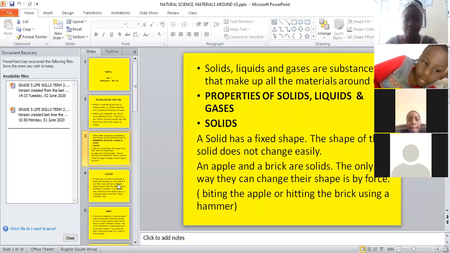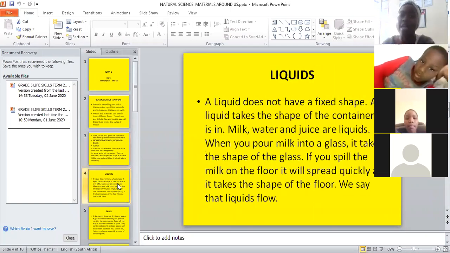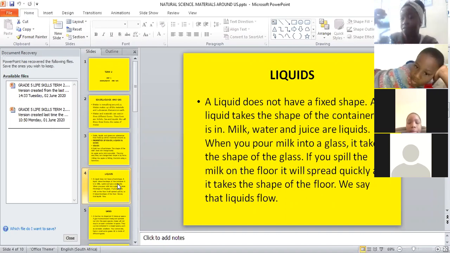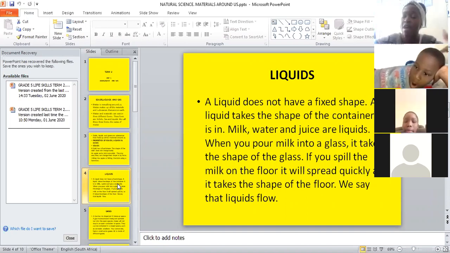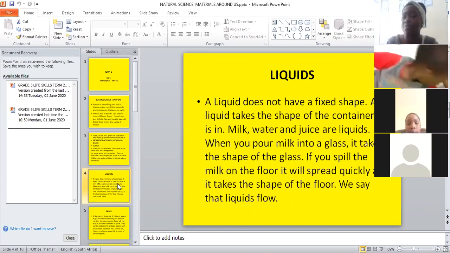liquids. So they say a liquid does not have a fixed shape. Liquids can take the shape of a container, as in if I poured water inside this bottle, the liquid took the shape of this container. If I were to pour water inside a bathtub, then the water will take the shape of the bathtub.